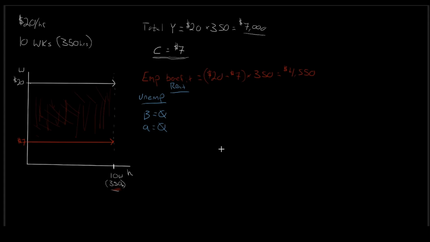But I bring this up because, well, what if things change? What if we have a situation where you expect unemployment benefits of $5 an hour? So instead of getting these $0 benefits, if we are unemployed, we get $5 an hour.